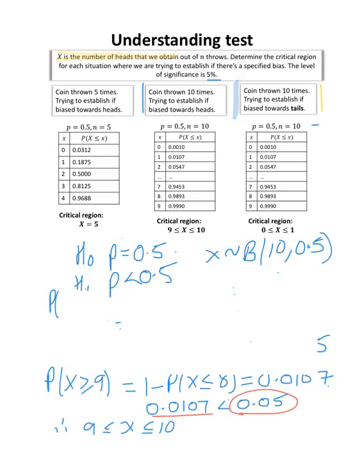Because we're looking at bias towards tails, the number of heads we're looking at is going to be at the lower end. So I'm going to look at the probability that x is less than or equal to 2.